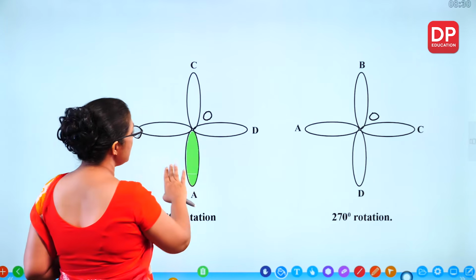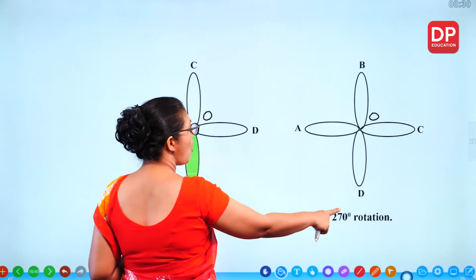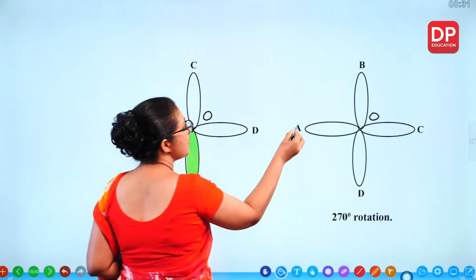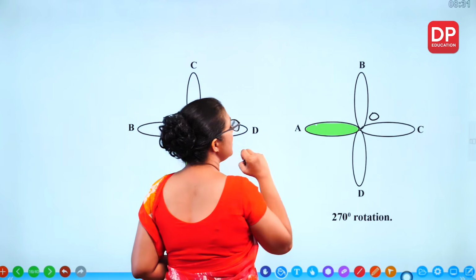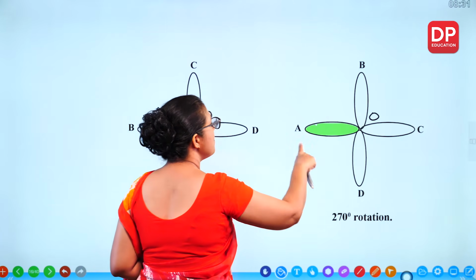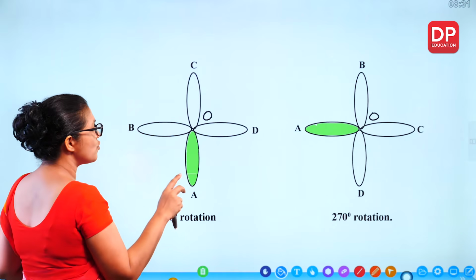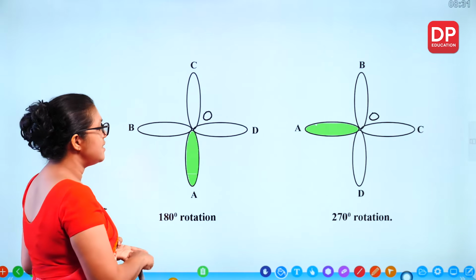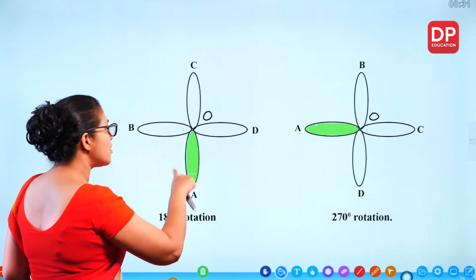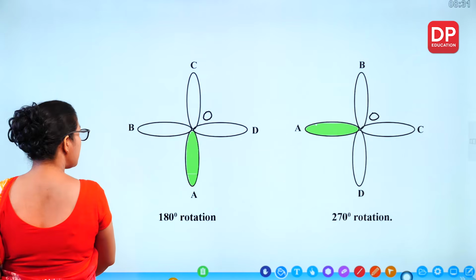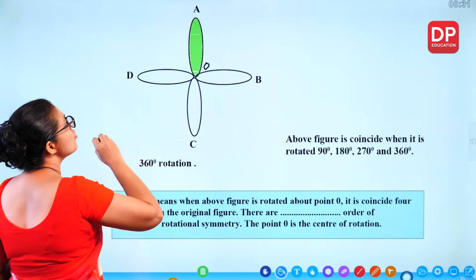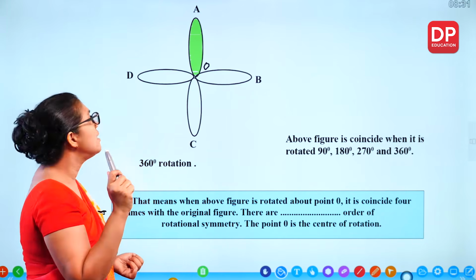Now another 90, that means 270 altogether. This petal goes here, so now the A position is here. How many times did you get the same thing? So far 3: 90, 180, 270. We'll rotate another 90. Then you get the same position as the original one.